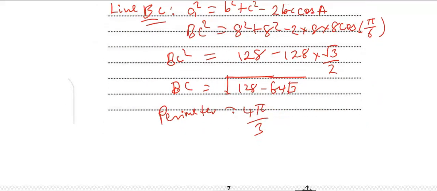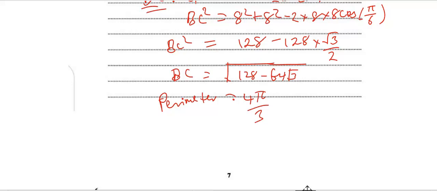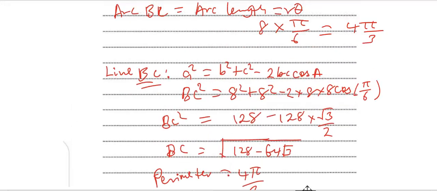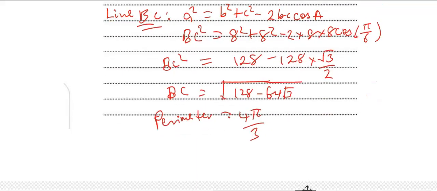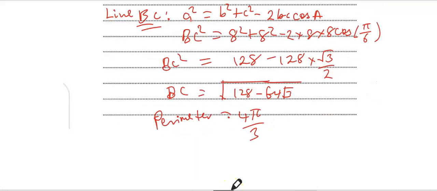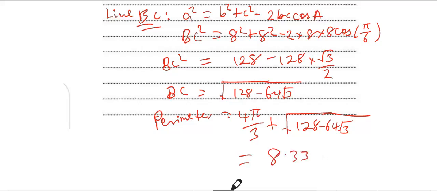So it is 4 pi over 3 plus what we got in line BC, the square root of 128 minus 64 root 3. So if you plug this in your calculator, you should be able to get 8.33 centimeter. So this is the required solution for this question.